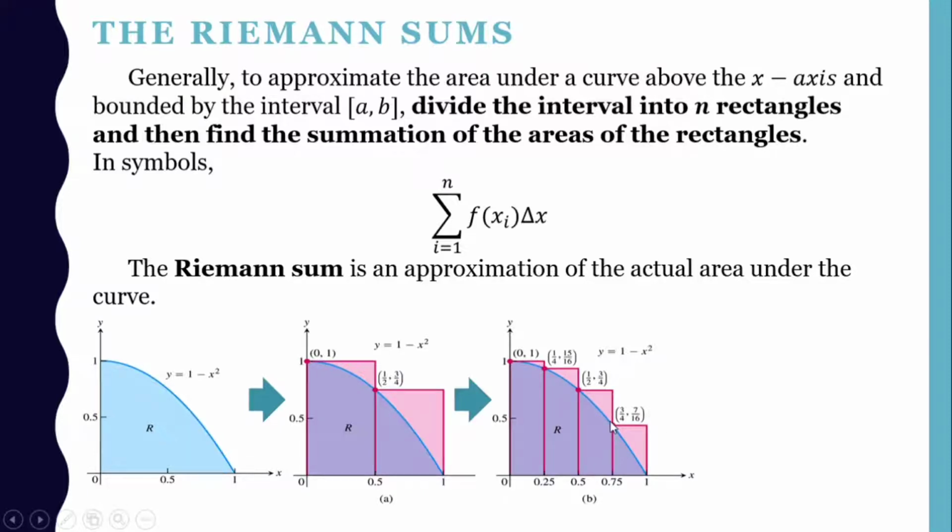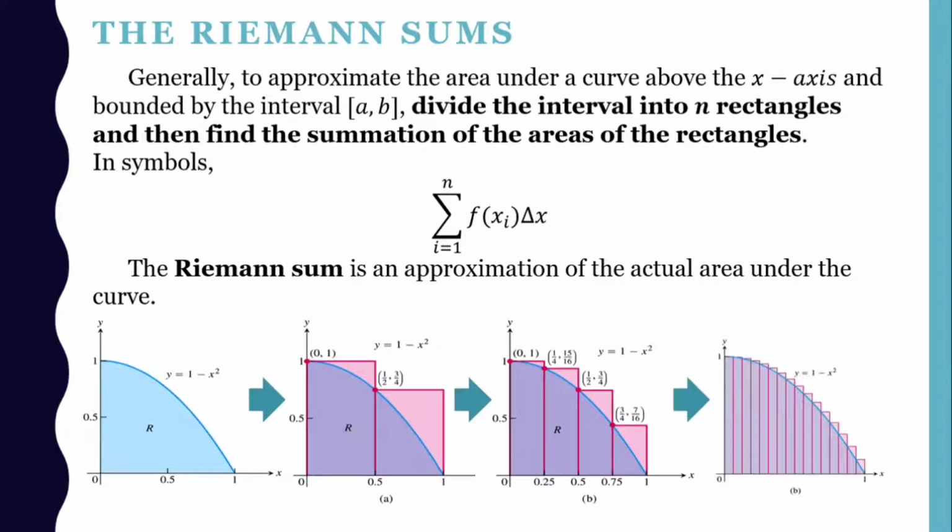Now, if we try to increase the number of rectangles that we have, let's say we have a lot of rectangles now. If you can see in the various illustrations, if you increase the number of rectangles that you use to cover up the curve, the error in your approximation becomes less and less.